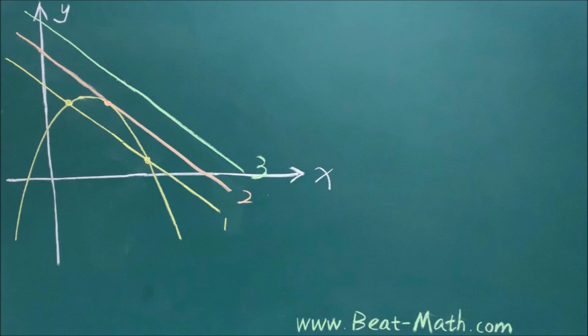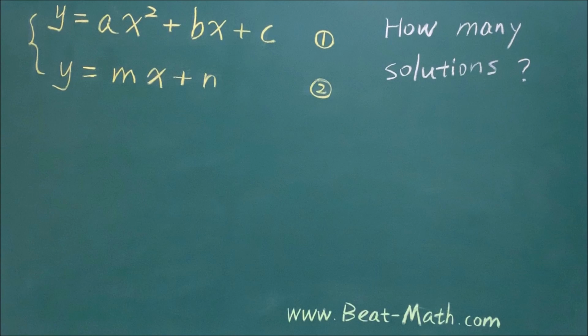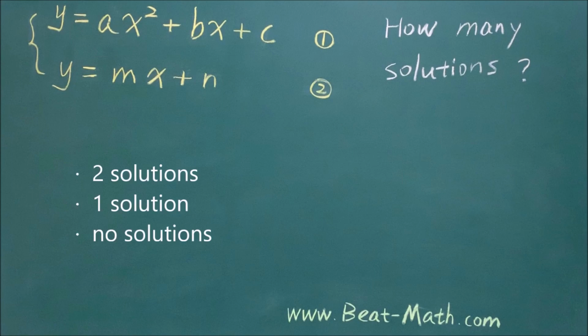When the line is at position 3, there is no intersection. The same thing happens when the curve opens up. So we get the answer to the question. There are three possibilities of the number of solutions: 2 solutions, 1 solution, or no solutions. It's not that difficult, is it?